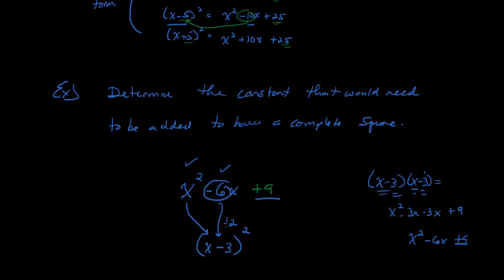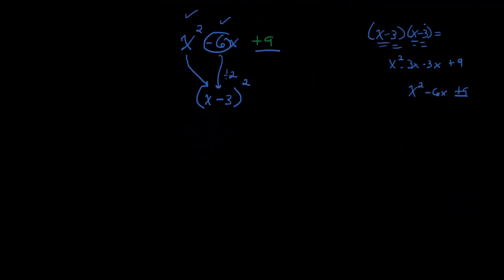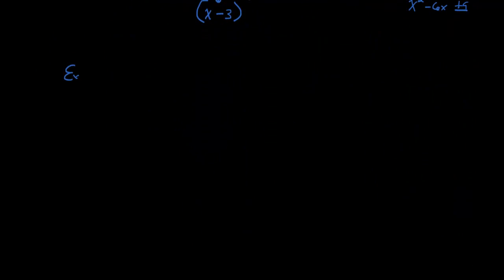Let's do the same thing again for the next example. Let's say I gave you x squared minus 16x. What would be that constant I would have to have at the end such that I would have a perfect square? Hopefully you recognize this we broke out into something squared. My first term would be just that value of x.